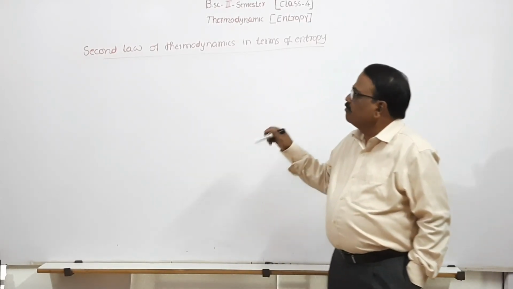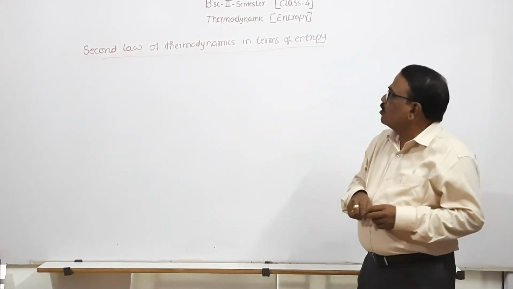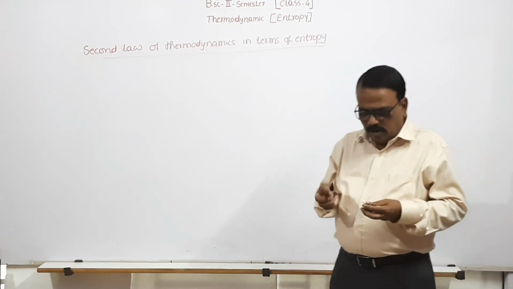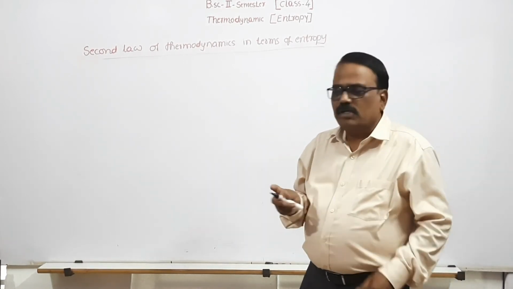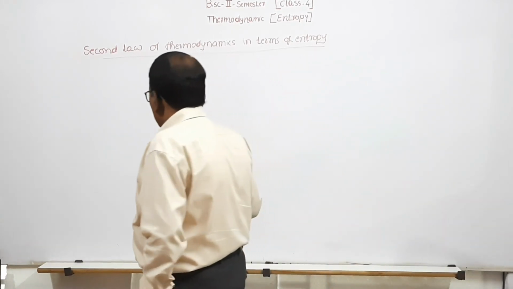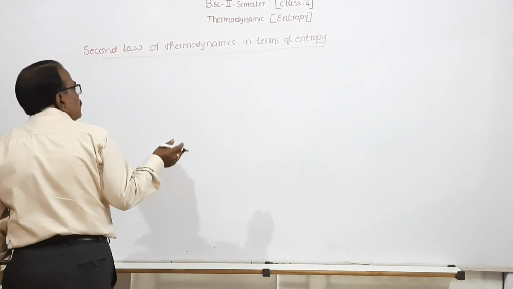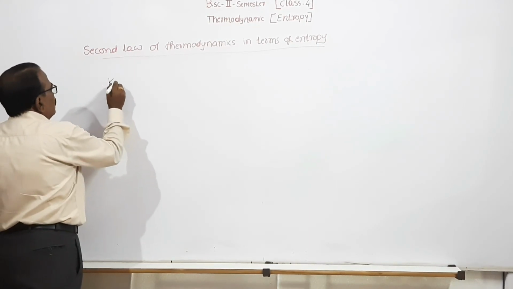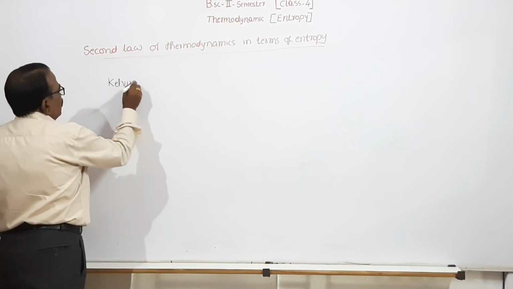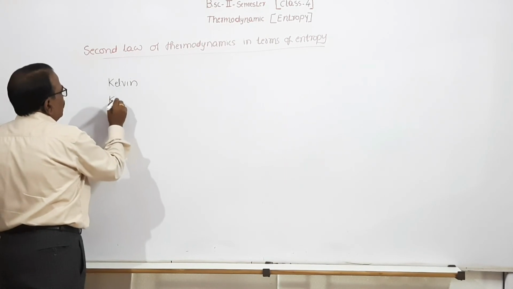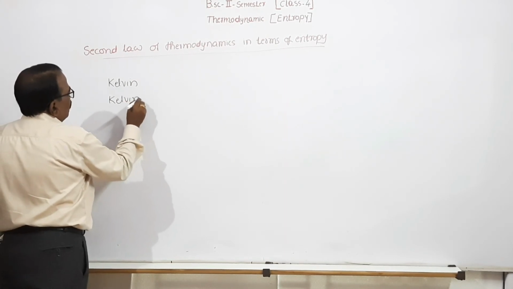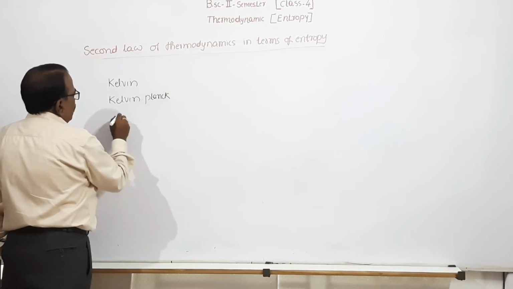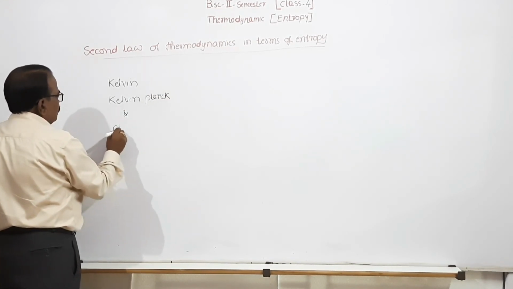Now we have to study the second law of thermodynamics in terms of entropy. Earlier, the second law of thermodynamics was presented in terms of the statements made by Kelvin, Planck and Clausius.